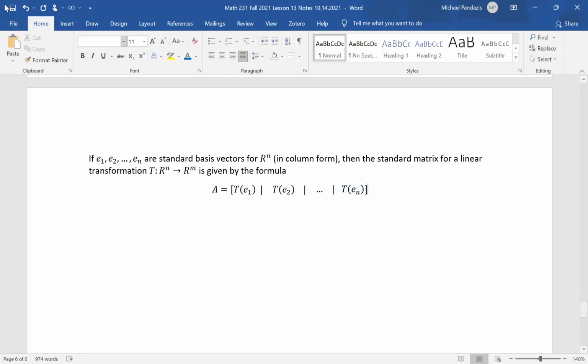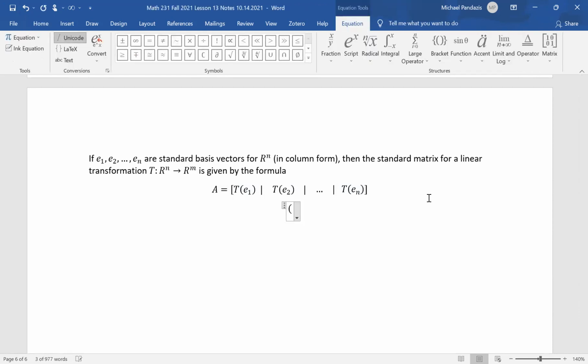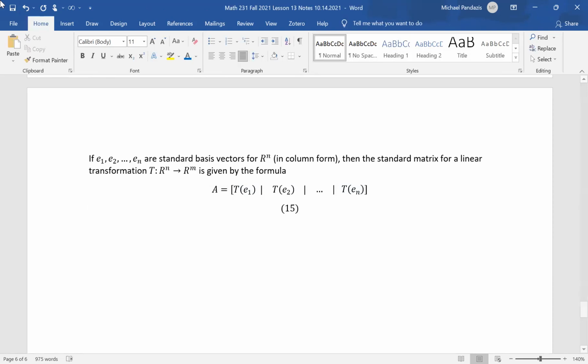I'm going to denote this as equation 15.